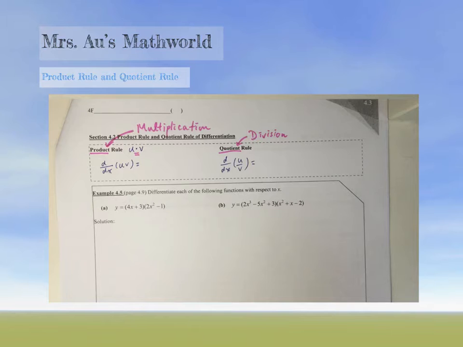Okay, for product rule and quotient rule, please remember we always have two objects to be multiplied or divided. Alright? So when we do so, we calculate it one by one, but we also keep the other one.